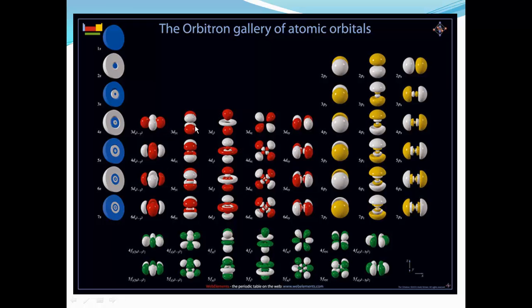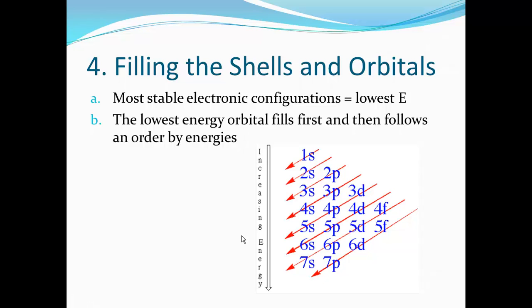Here are your p's for 2, 4, and 6. Your d's for your transition metals, again 2, 4, 6, 8, 10. And then here are your f's of the lanthanide series: 2, 4, 6, 8, 10, 12, 14.